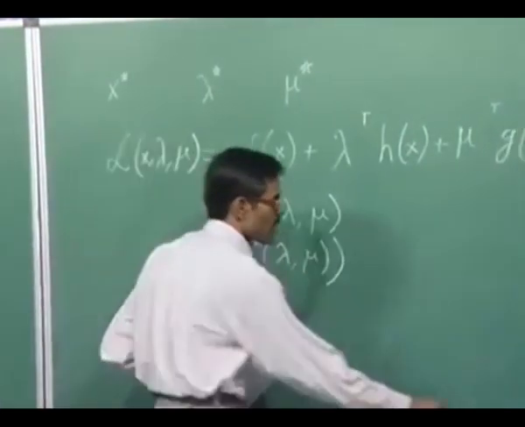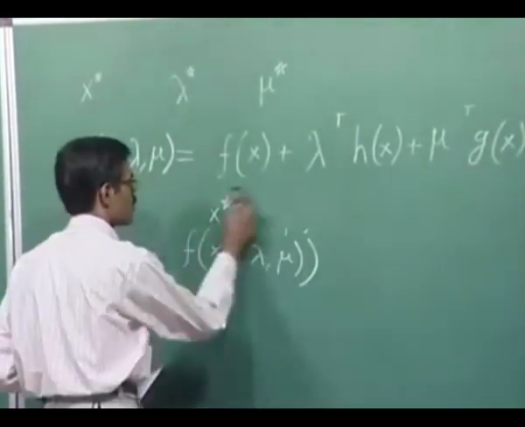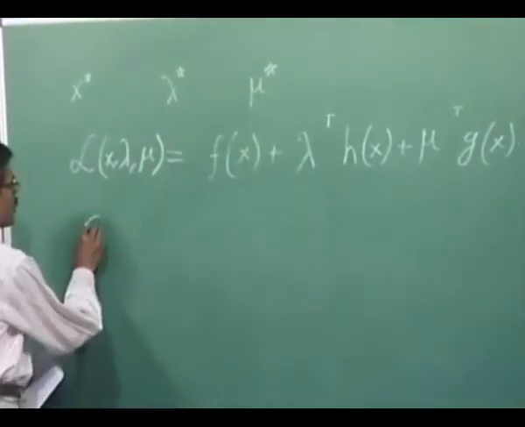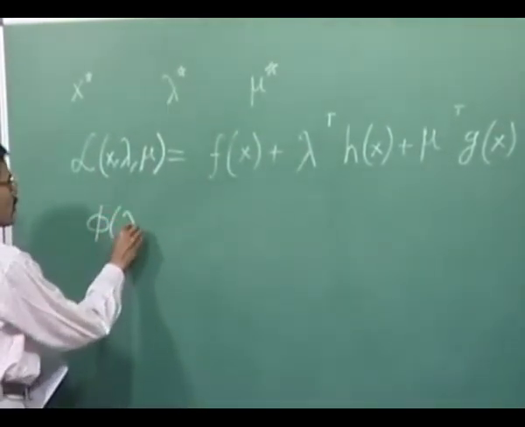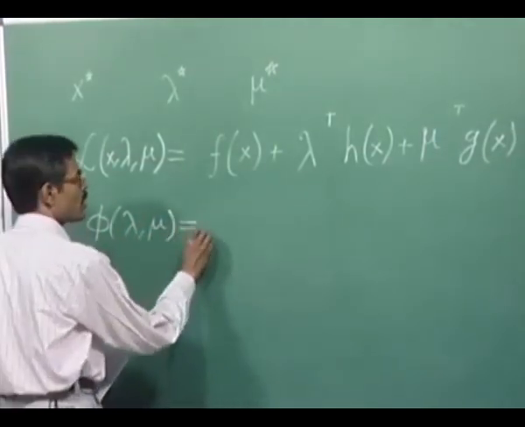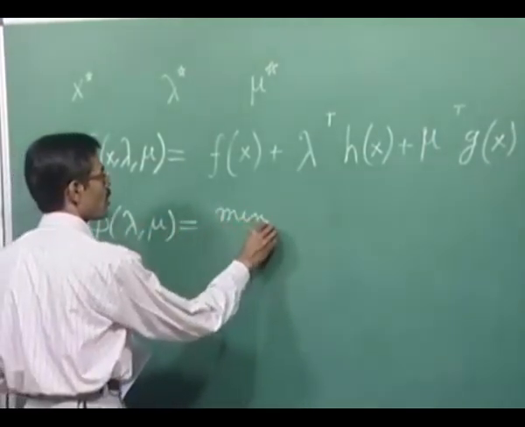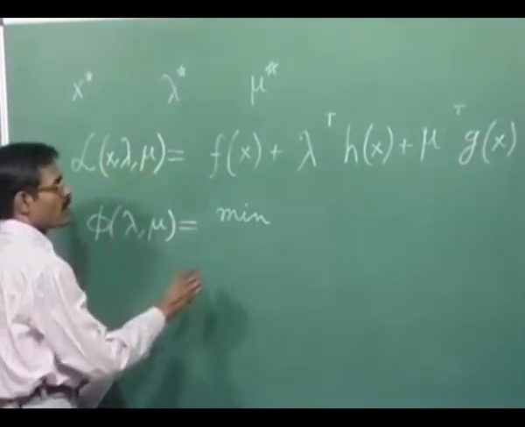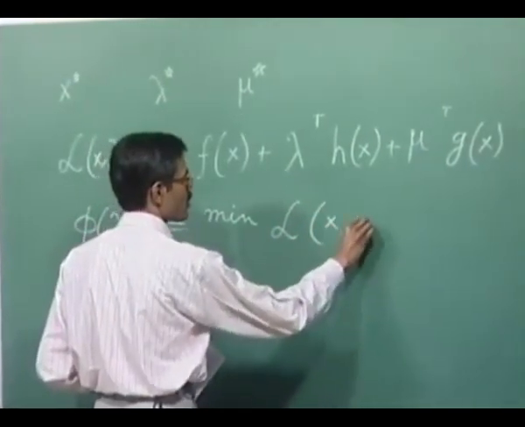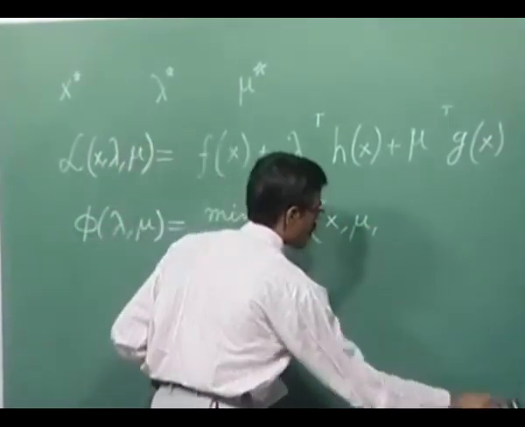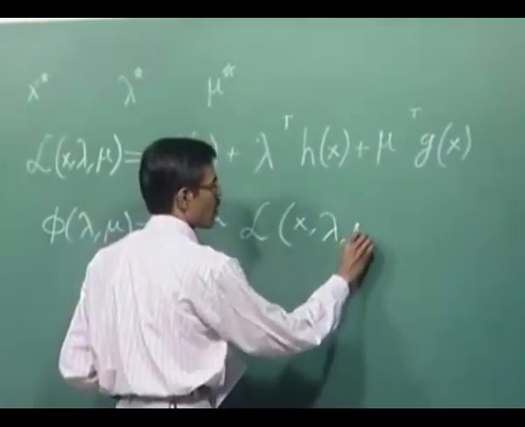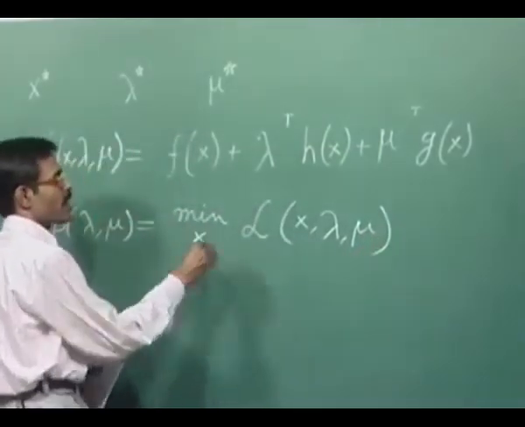And so, we can define this new function as a function of lambda and mu, which is the minimum of this Lagrangian function with respect to x.